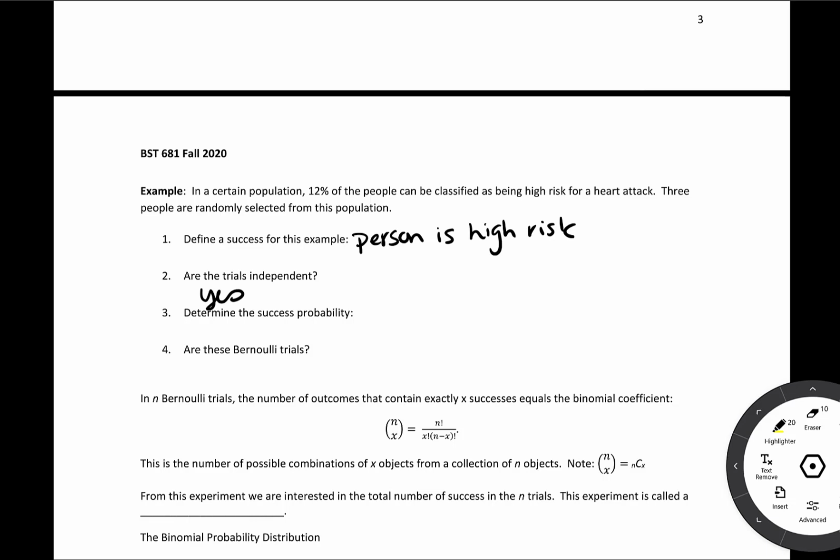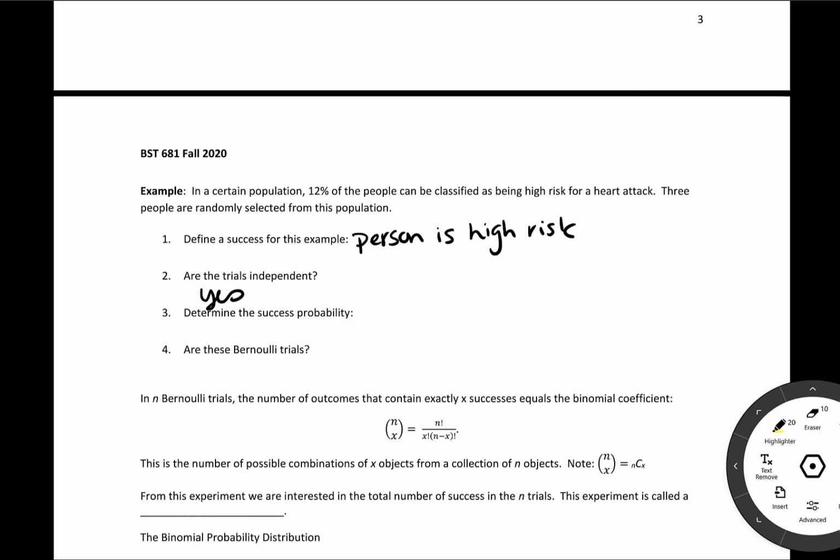Now, we don't have any reason to think that the trials are not independent, and the reason for that is we have randomly selected these people, so it's very unlikely that they, for example, live in the same household, or are related to one another, and so forth. Now, if we had any extra information that maybe said they were siblings or they lived in the same household, then they may not be independent. But for this particular example, we don't have any extra information that suggests that.